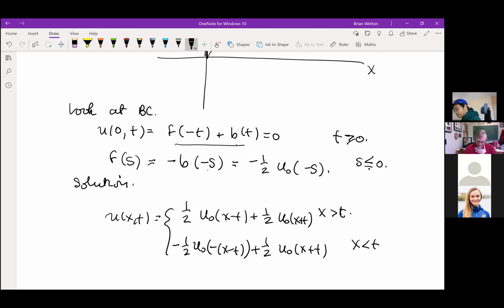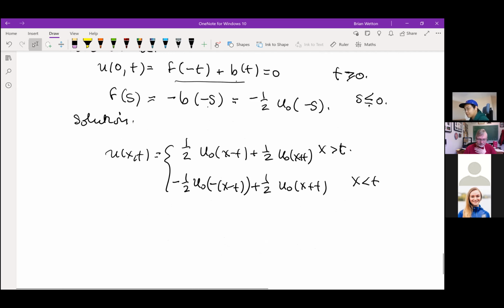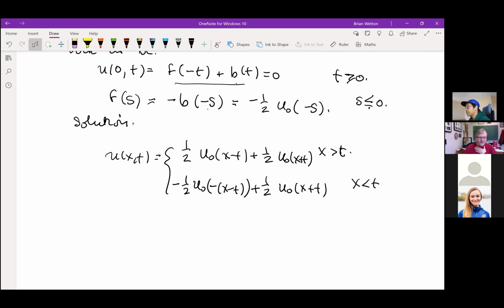Now I have to think about this for a minute. At x equal to t, it'll be continuous.